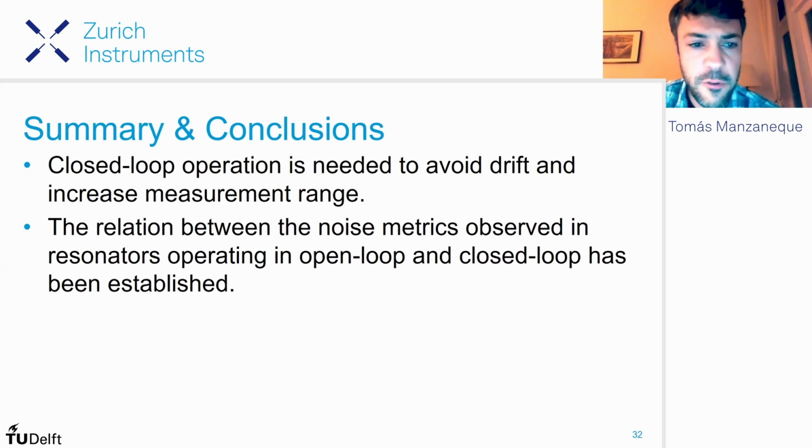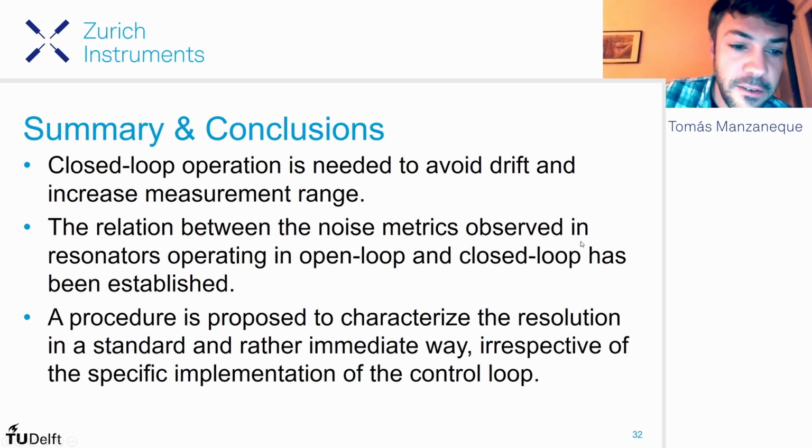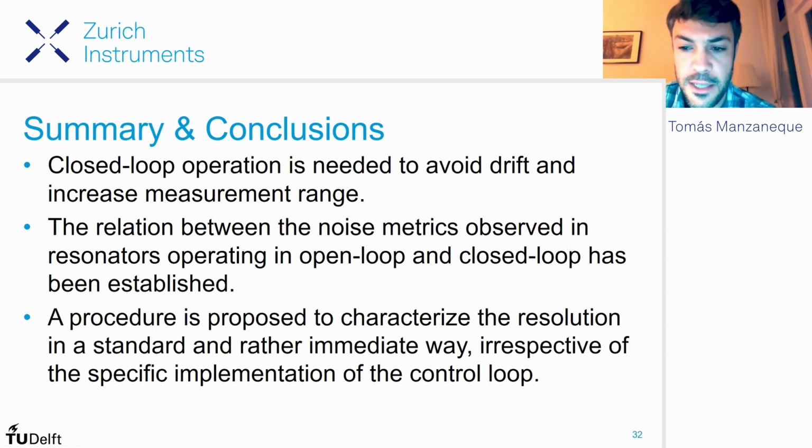And we established the relation between the noise metrics, meaning the Allan deviation, observed in resonators when operating in open loop versus closed loop. Thanks to that, we can develop a procedure to characterize the resolution in a very standard and immediate way, irrespective of the particular implementation of the feedback.